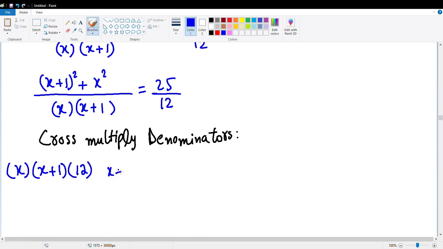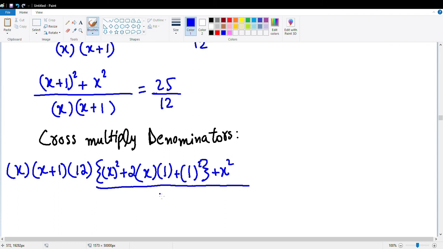into x, let's open the square, so x squared plus 2 into x into 1 plus the second term's whole square. And remember that this 12 is multiplying with this whole thing. So this whole square plus x squared over x into x plus 1 equals 25 over 12.